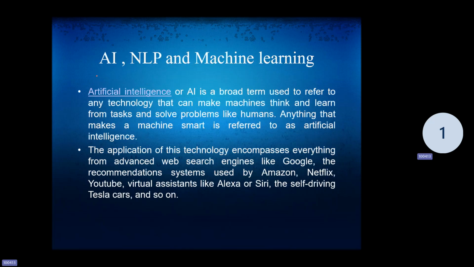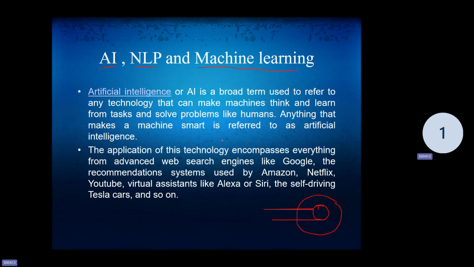In the case of NLP, there are three things that work: AI, NLP, and machine learning. Before moving ahead, we have to know what AI is, what NLP is, and what machine learning is. So basically, AI is the umbrella, where ML algorithms work. AI is the broad term used to refer to any technology that can make machines think.